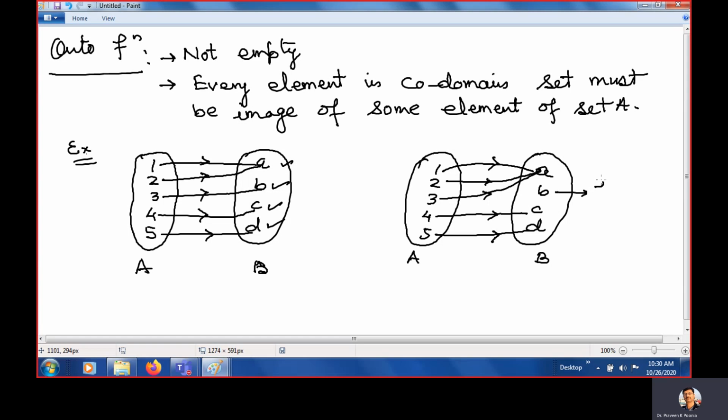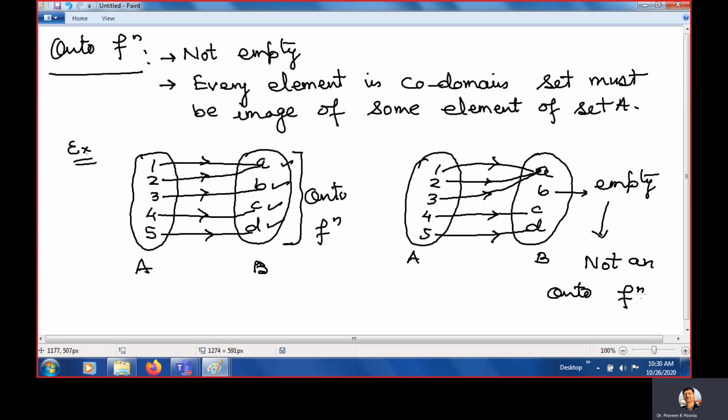So you will notice here one element is empty. It is not the image of any element. So here, because all entries are occupied, this is an onto function. Here one element is empty, so not an onto function.